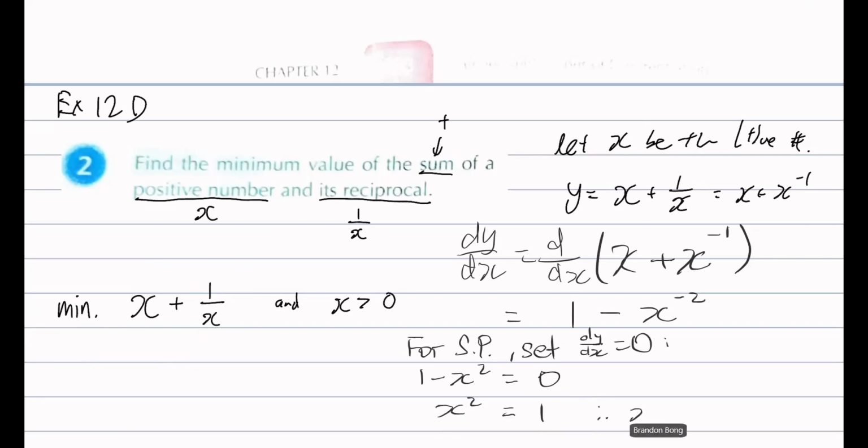Wait. Negative 2, not power positive 2. 1 minus x power negative 2. Yeah. Good. Wait, 1 over x squared equals to 1.